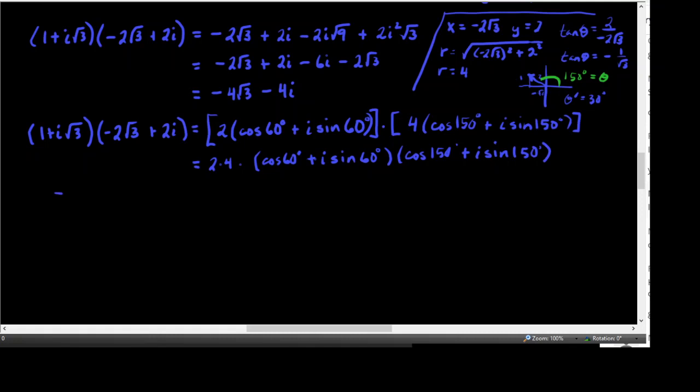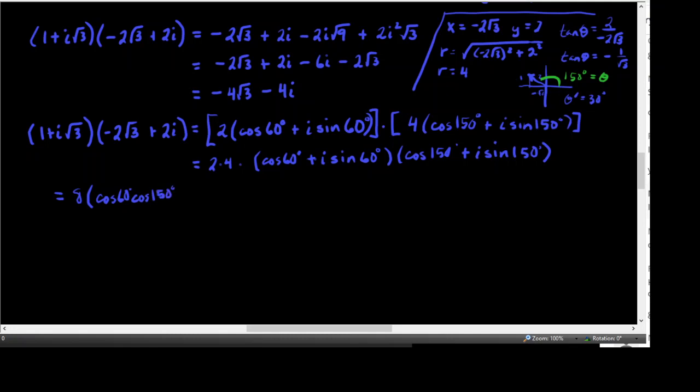Move over here, make sure I have plenty of room. 2 times 4 is 8 times, then I'm going to multiply those two binomials. I guess I could say using FOIL if you really want to. Anyway, that's cosine of 60 degrees times the cosine of 150 degrees. That's the first.